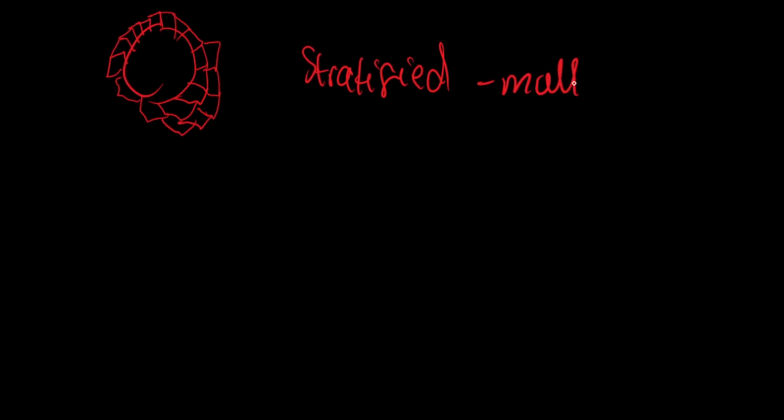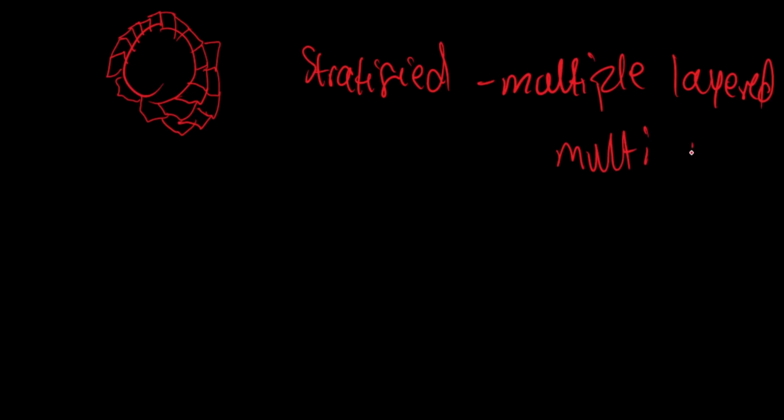After that one layer, it continues to multiply. The fancy term for this is stratified. Stratified simply means multilayered. So it continues to form multiple layers of these follicular cells.